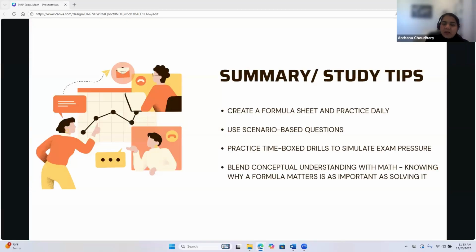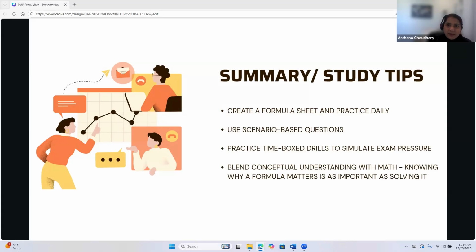Next one is a summary and study tips. Something which we keep saying, don't overstudy maths, right? Create a formula sheet, review it daily. Consistent repetition builds confidence and recall. Practice with scenario-based questions, since applying formulas in context deepens understanding beyond memorization. Use time-boxed drills: simulate your exam pressure by solving problems within strict time limits to improve your speed and accuracy.